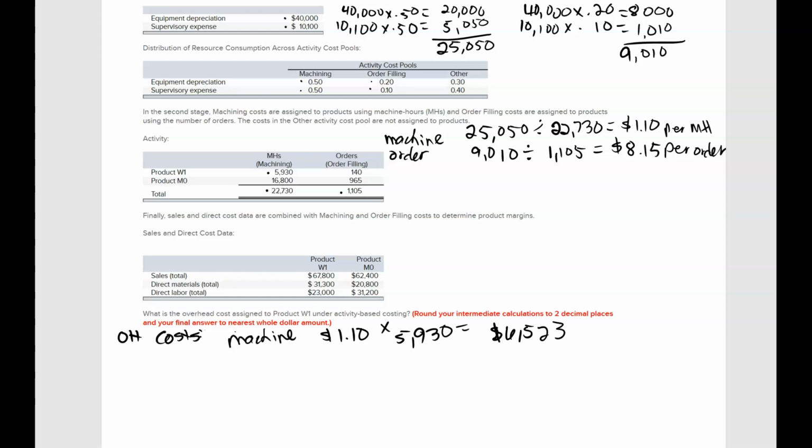And then the same thing for the order filling: $8.15 times 140 orders. $7,664.